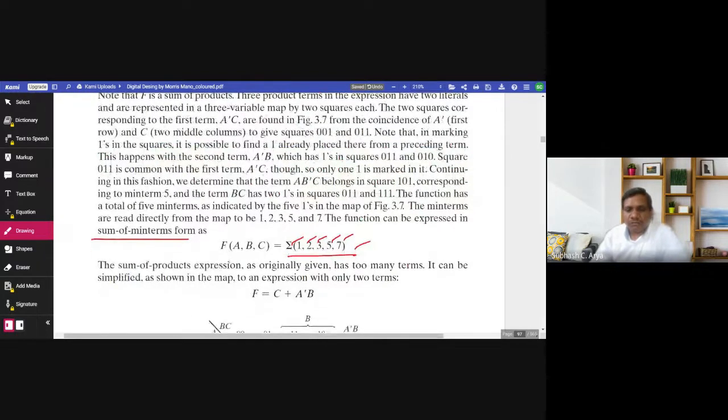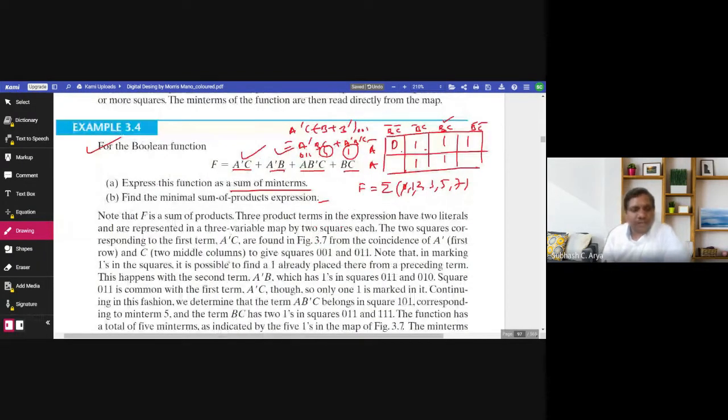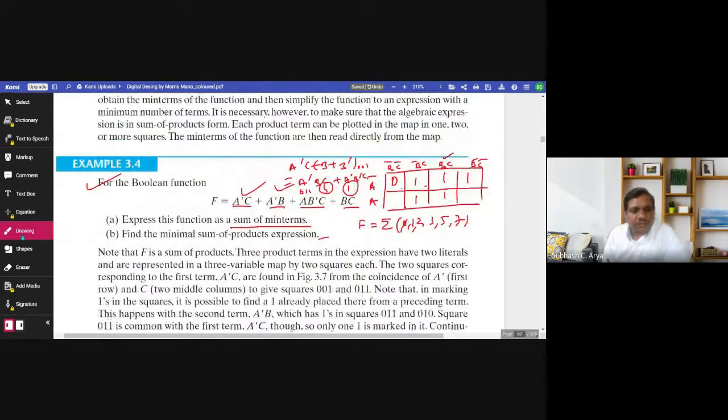And how to simplify? Let us simplify. Simplify is the next step. I will change the color. So first make a group of 4 adjacent ones, that is the quad. From here we can find the answer as F is equal to C, because C is common. B bar here, B and A bar cancel. Plus now only one is left.